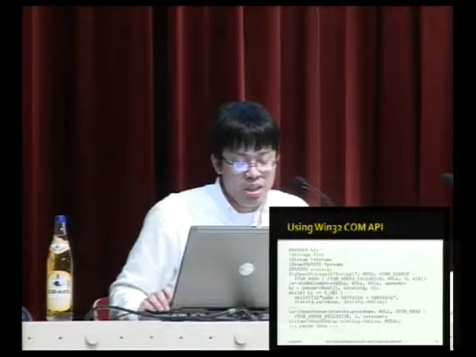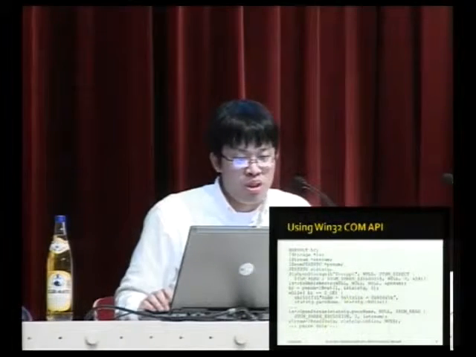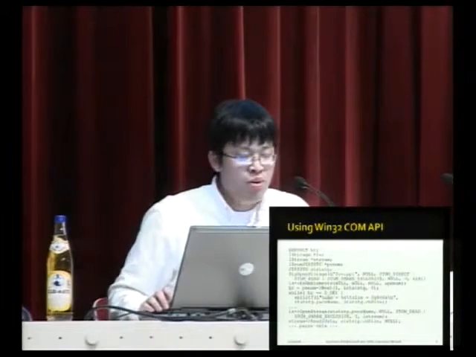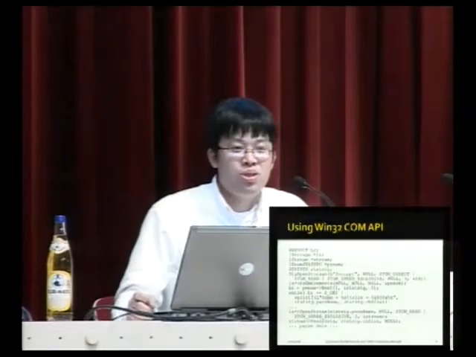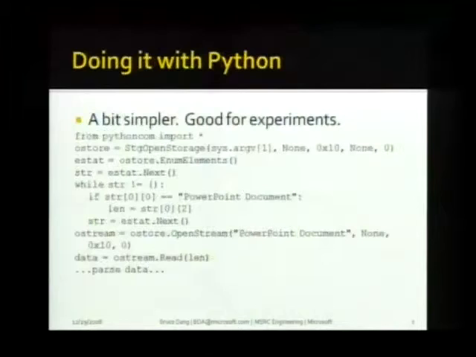This is an example of how to use the COM API. But if you don't know C or C++, which is probably only about 1% of you, you can use Python. I actually like Python a lot, so go Python.